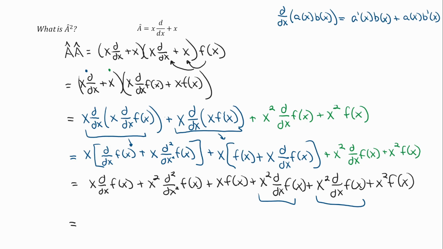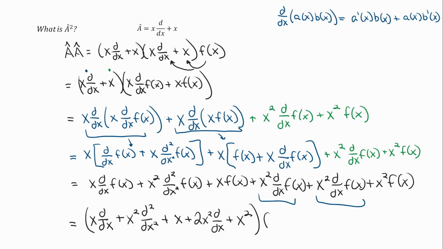So here, we're going to end up having x d over dx plus x squared d squared over dx squared plus x plus 2x squared d over dx plus x squared, all applying onto our f of x function.